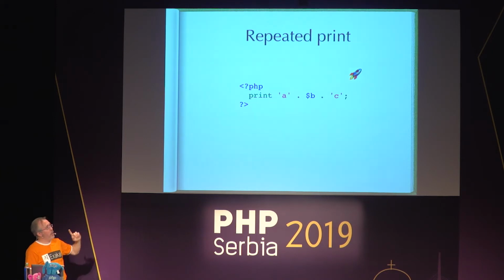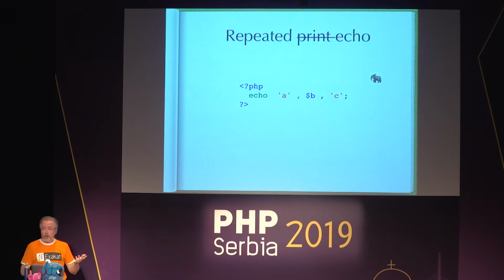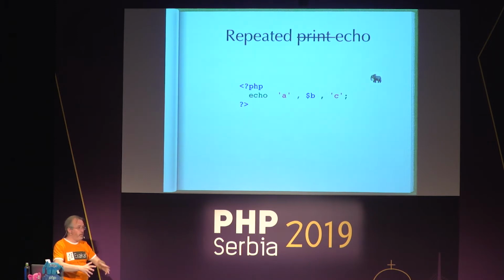Who is able to output data and still make it 1 call with several arguments? Echo, our good friend Echo. So use echo. Compared to the previous one, I changed print to echo, and I changed the dot to a comma. That's the only difference. It's the same, except here PHP will just say, okay, this literal, I already know it's already allocated.